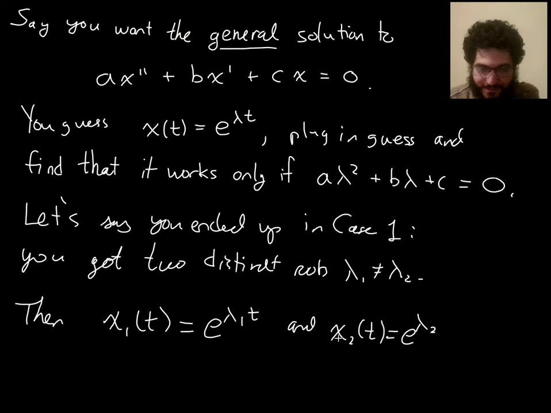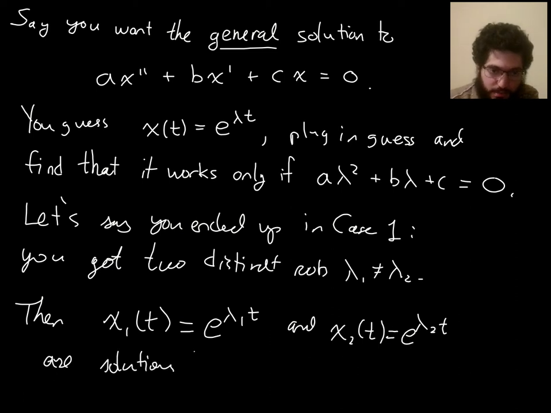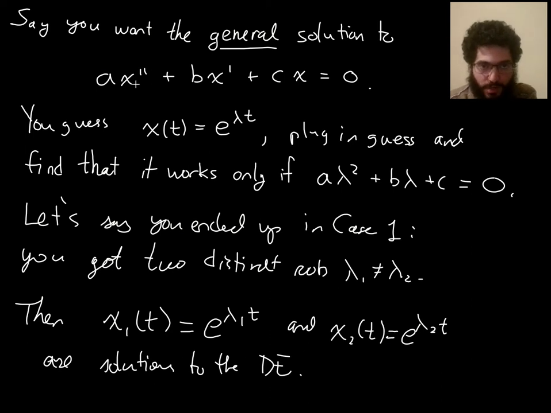Then if we define x1 to be this and x2 to be this, these things are solutions to the differential equation, right? Meaning, a x1 prime prime plus b x1 prime plus c x1 equals 0, and a x2 prime prime plus b x2 prime plus c x2 equals 0.